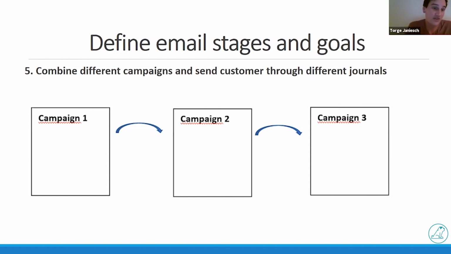You can even buy a course for a lot of money. But there are different concepts of how you can do email marketing.